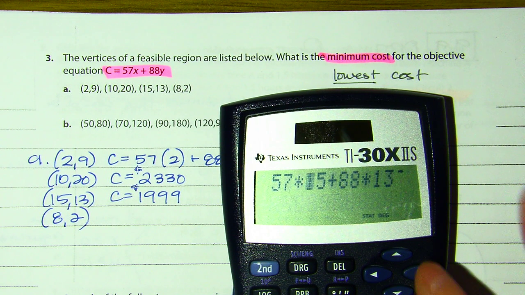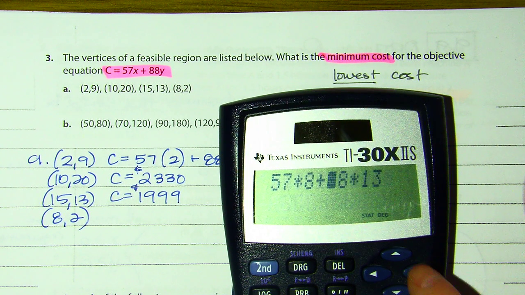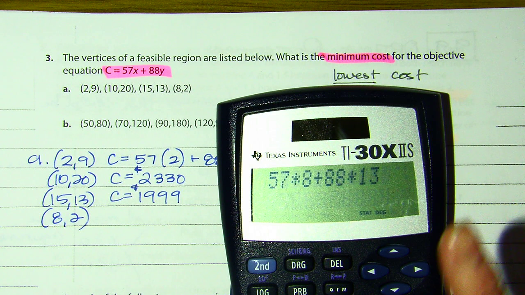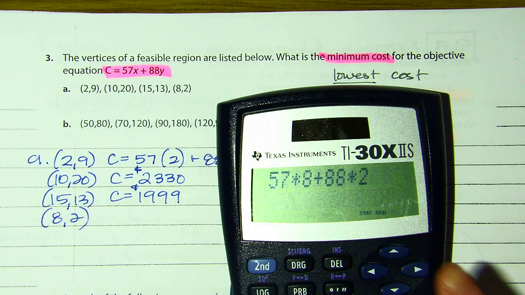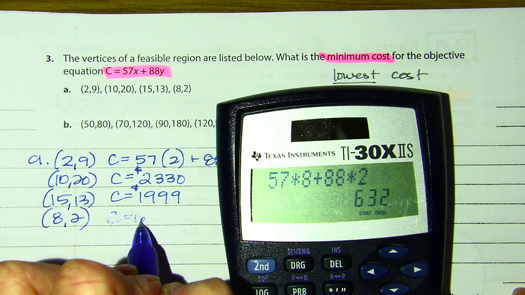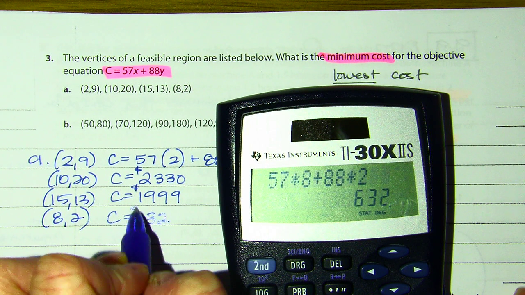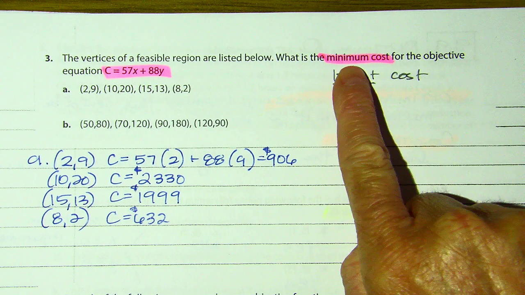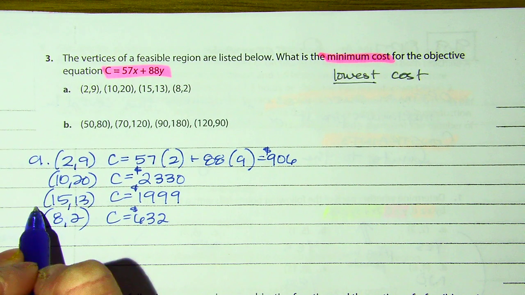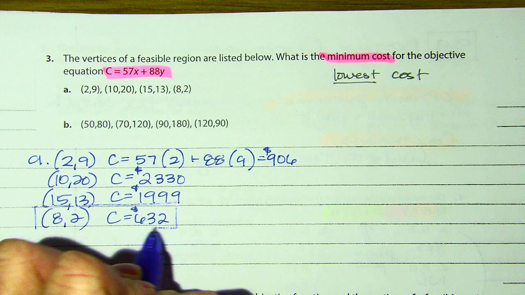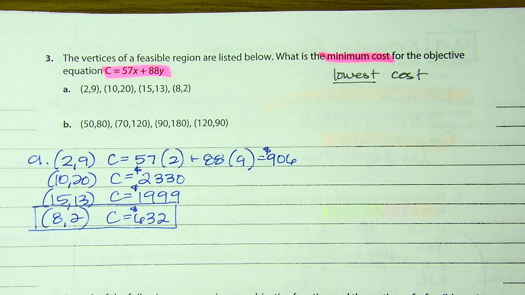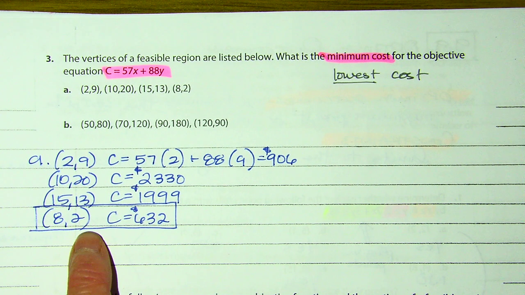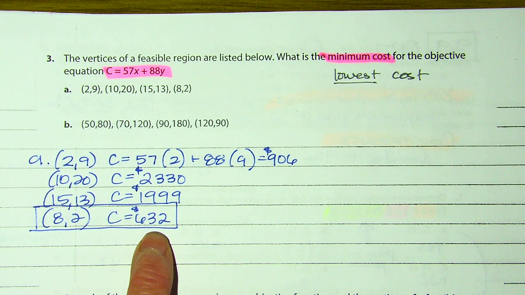And last, 57 times 8 plus 88 times 2. And this gives me a cost of $632. So because I'm looking for my minimum, here is the minimum cost for part A. So using the 8 for x and 2 for y, I get a minimum cost of $632.